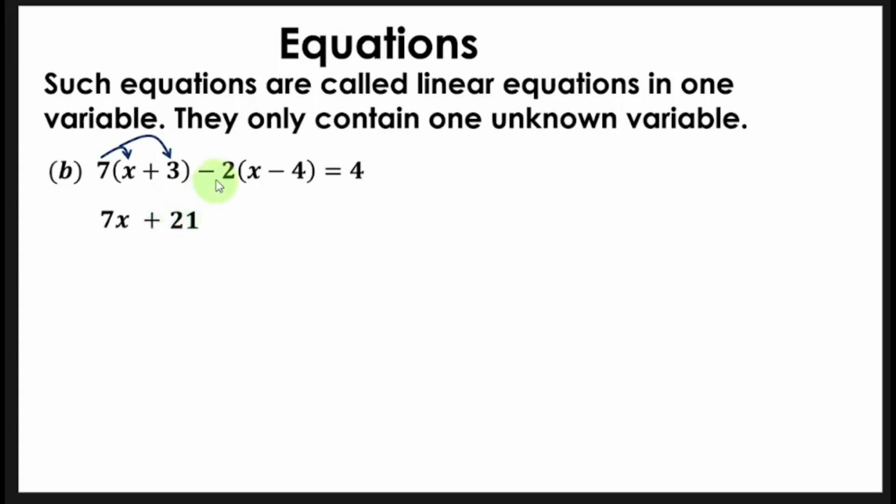Then this is done. Then here we'll say negative 2 times x, which will be negative 2x. Then also negative 2 times negative 4. So negative will give us positive. Then 2 times 4 will give us 8. So we'll have positive 8. So we have cleared out the brackets, now equals to 4.